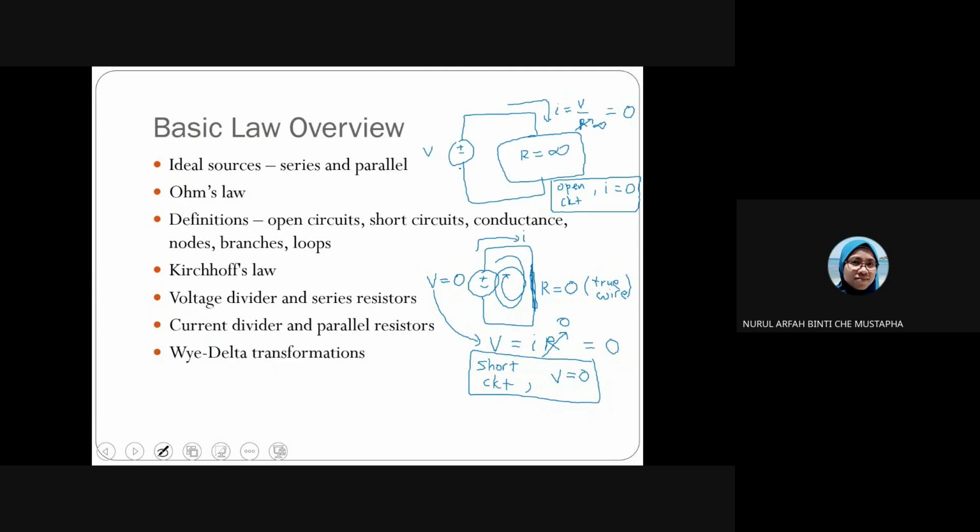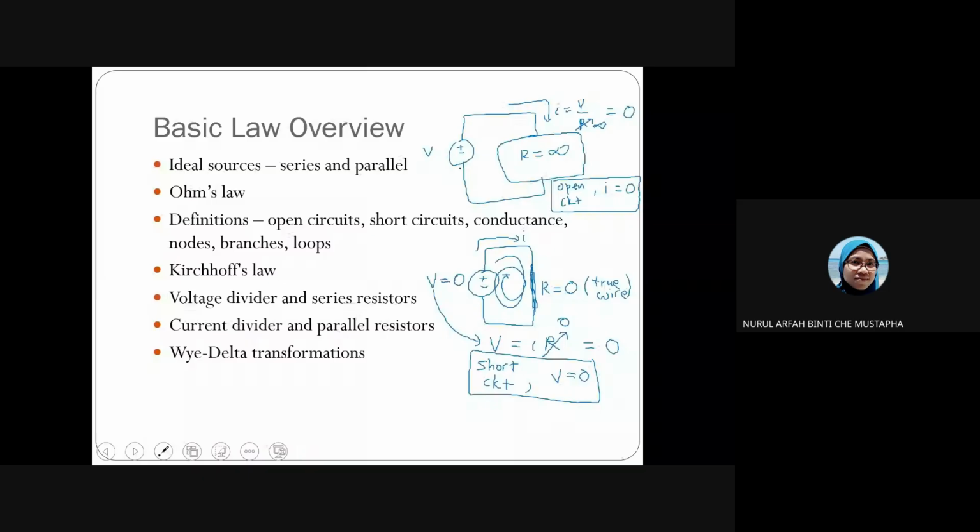Okay, this is what we mentioned about Ohm's law, applying it here and here. Current divider we keep aside, and then Y-delta is also a part of this together.